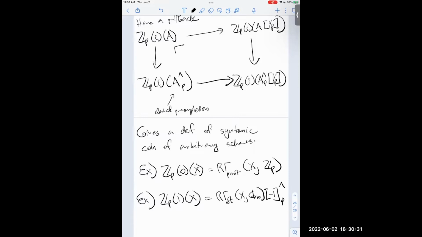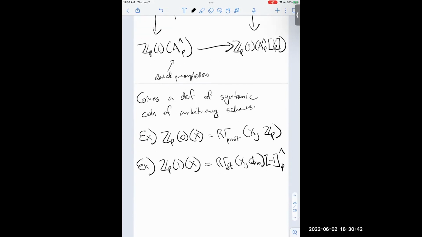This is again something that happens in motivic homology. Weight 1 motivic homology is always in terms of Gm. And here you take the étale cohomology of Gm, with a shift, and take the P-completion. And this fact is coming from the prismatic logarithm. For p-adic formal schemes, this is via the prismatic logarithm.